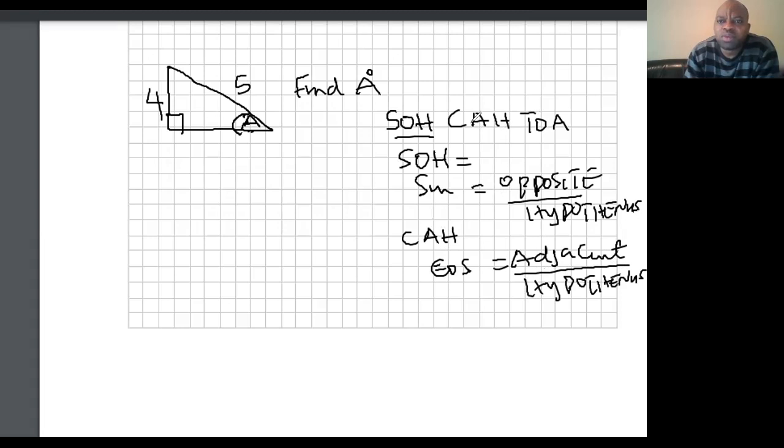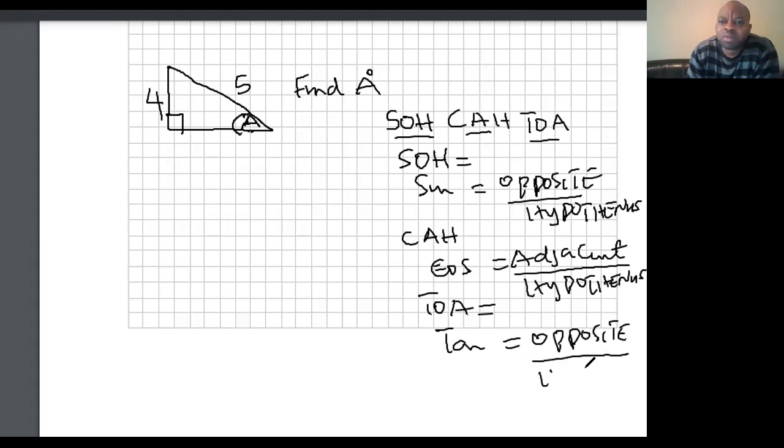Then TOA, the last one, means tangent: tan of the angle equals opposite over adjacent. So if you remember this, it will be a guide.